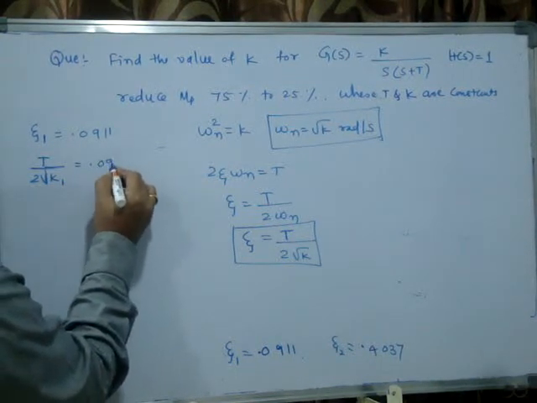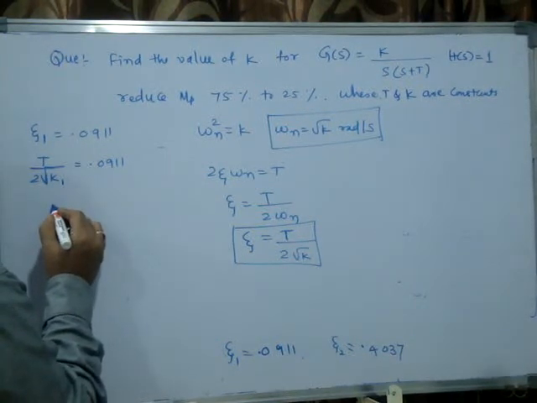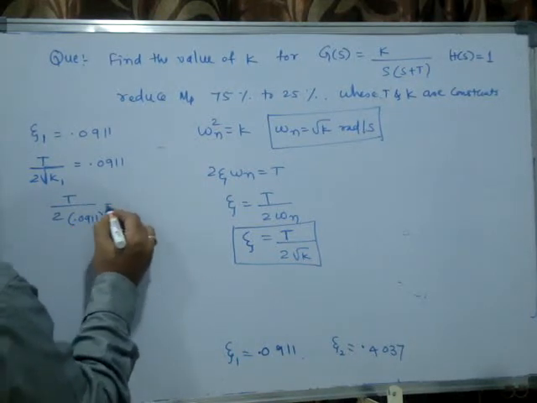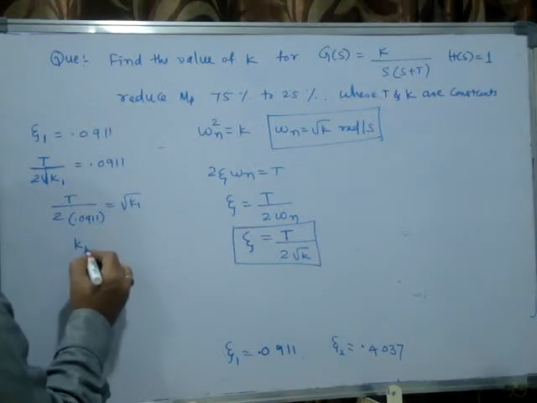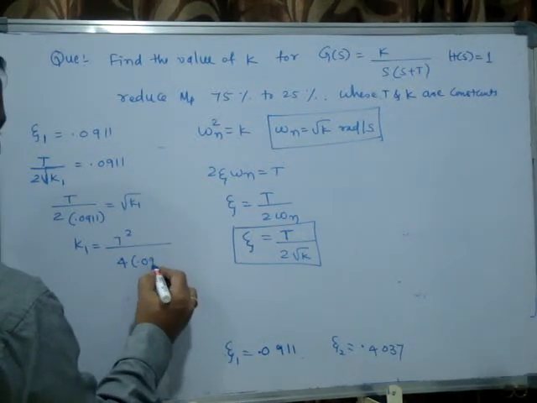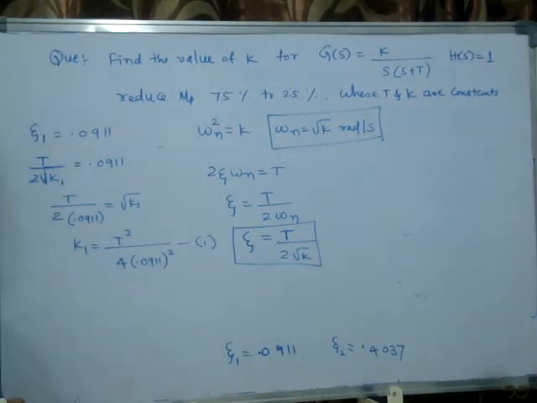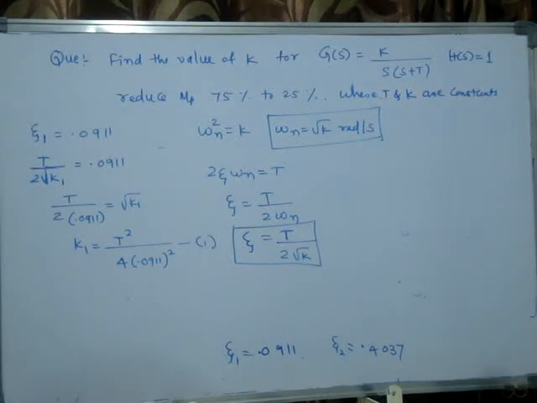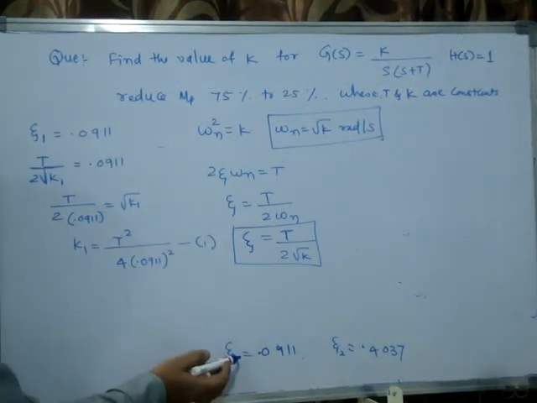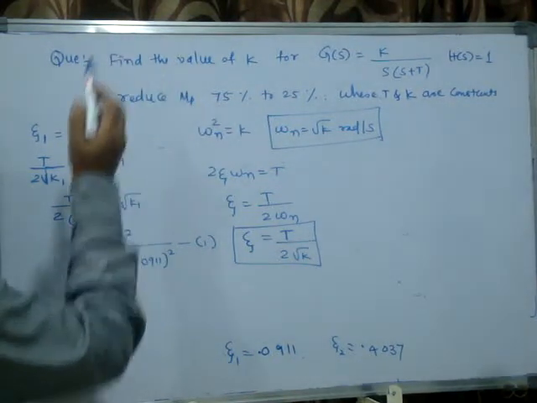So now 2 divided by 0.0911 root of k1, squaring both sides, T square divided by 4 into 0.0911 whole square. This is equation number 1. When this is the gain, then this is the zeta, you will get this gain, and MP 75%.